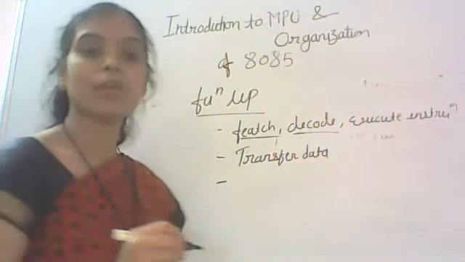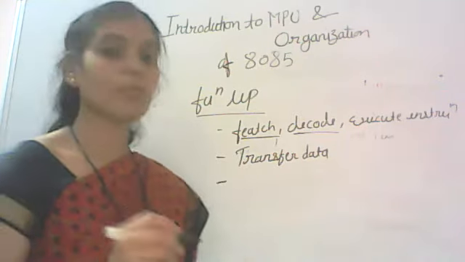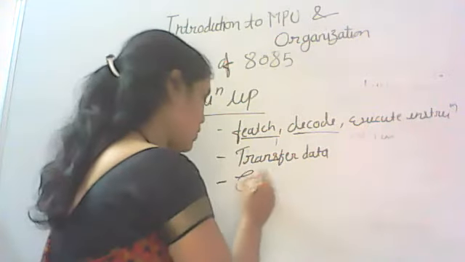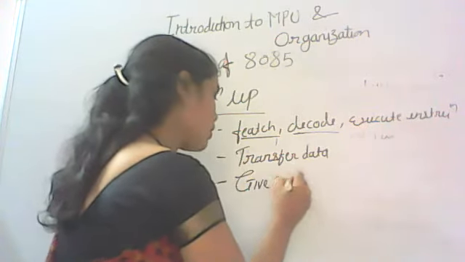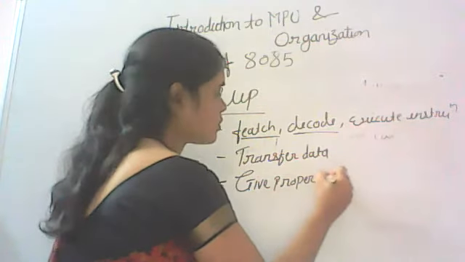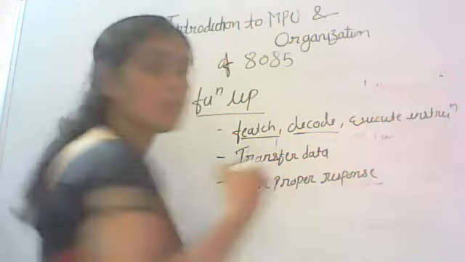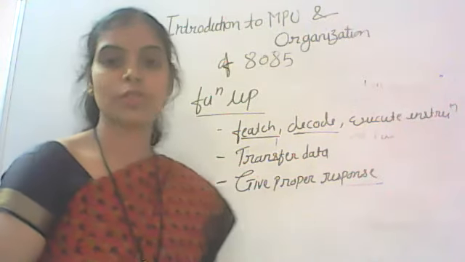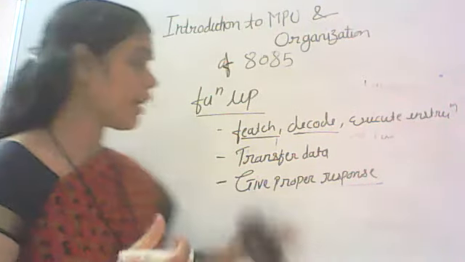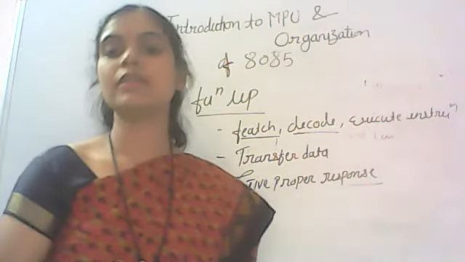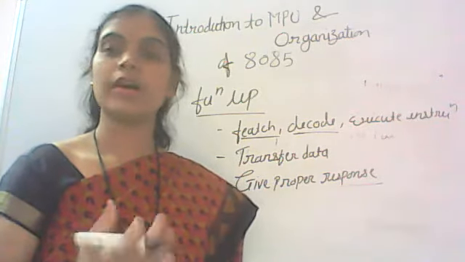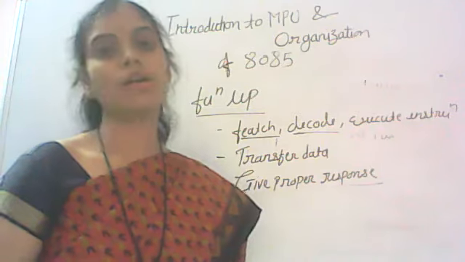Next function of microprocessor is to give proper response. Microprocessor gives proper response to different external and internal interrupts according to their priority.